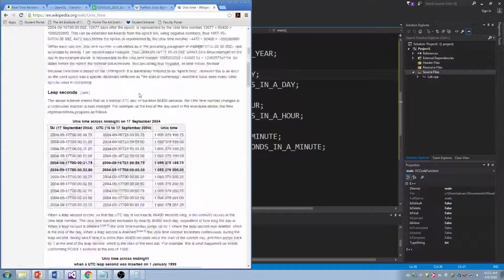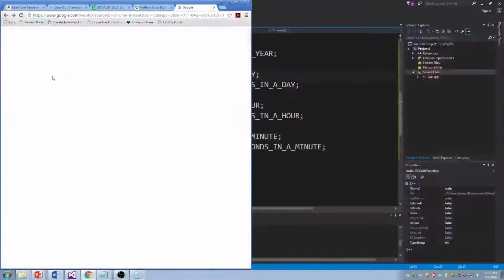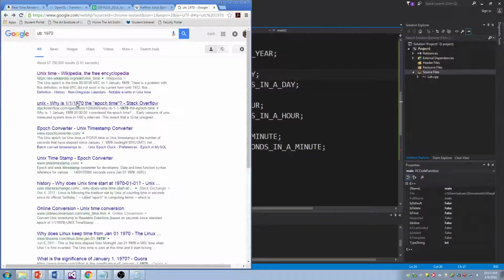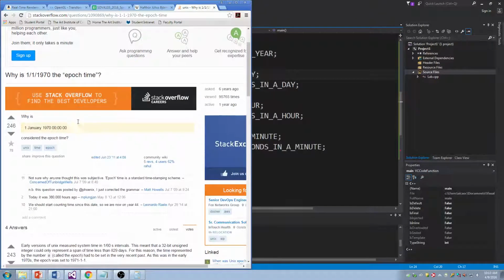I'm just going to take a little tangent here to talk about this. First of January 1970, epoch time. There is a magic time, which is basically the year 1970 and the 1st of January, that things are measured against.